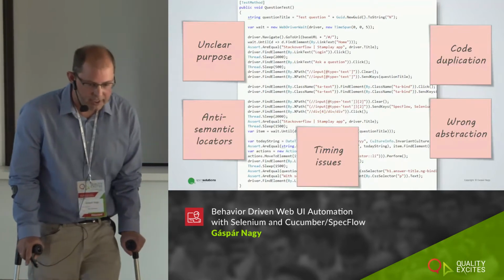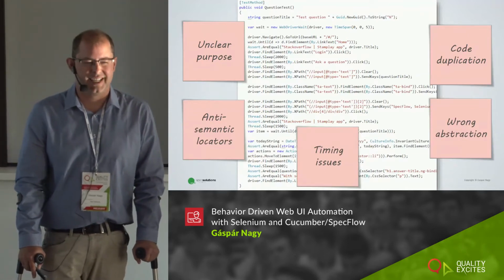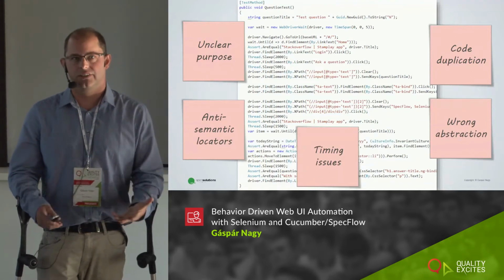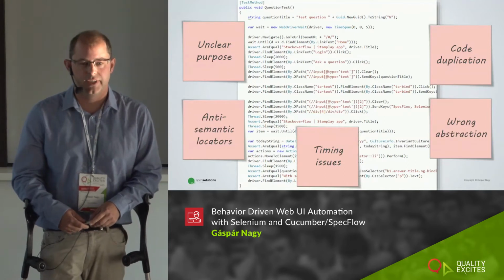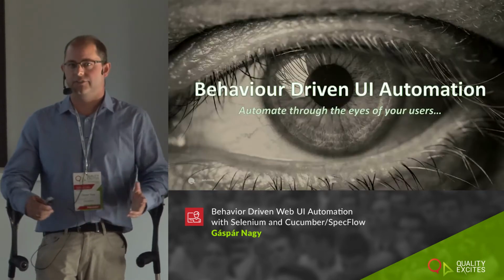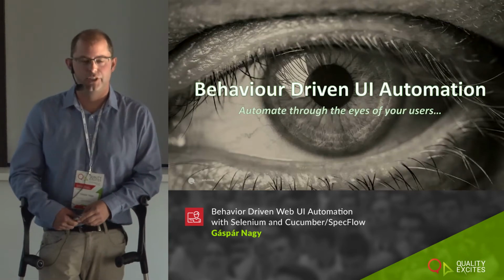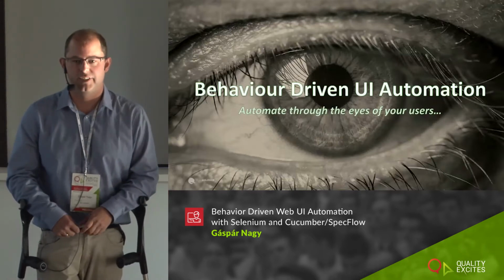So now I would like to share some ideas for all five of these things, and I was trying to have a common theme on these ideas that I will share with you. Finally, I was just trying to find a fancy name for that, and this is how I got to behavior-driven UI automation. But I'm really bad at finding good names, so probably this name will never be famous.